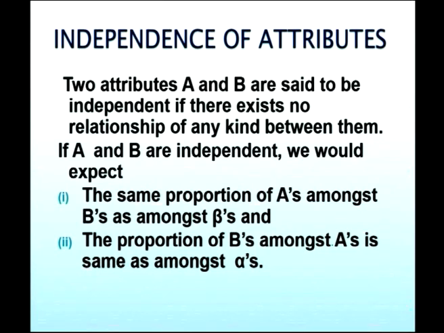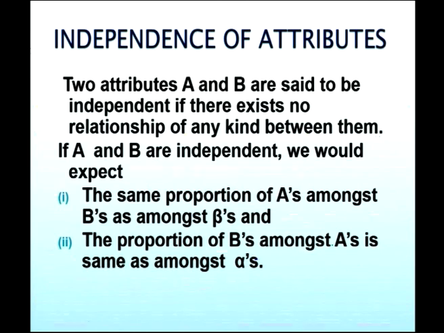Now, after studying the consistency of the data, let us go further into the study of attributes by studying the independence of attributes. Two attributes A and B are said to be independent if there exists no kind of relationship between them. That is, if A and B are independent, we would expect the same proportion of A's amongst B's as amongst betas.